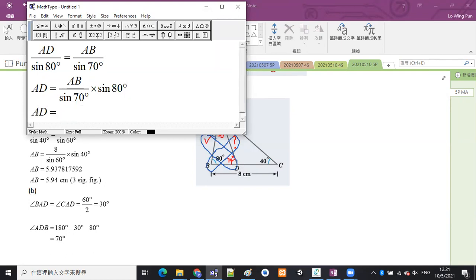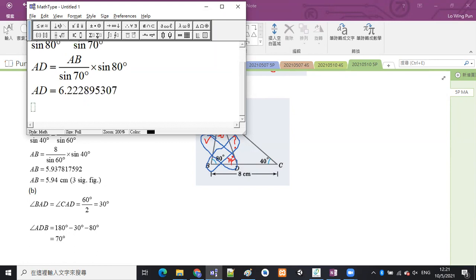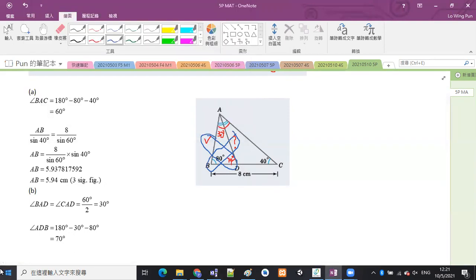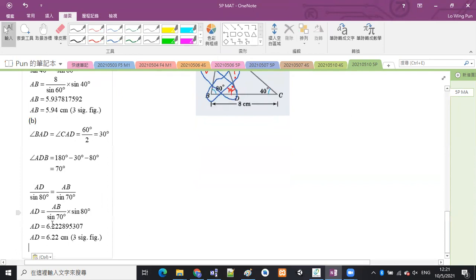AD will be equal to A times sine 80, and then divided by sine 70. I think it should be 6.22 something. As this is the final answer, we need to correct to 3 SF and write down the unit cm. So this is the final answer. Can you get the correct answer? 6.22. Okay, good.